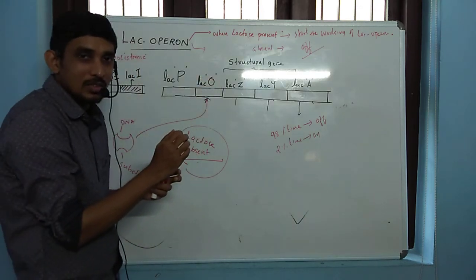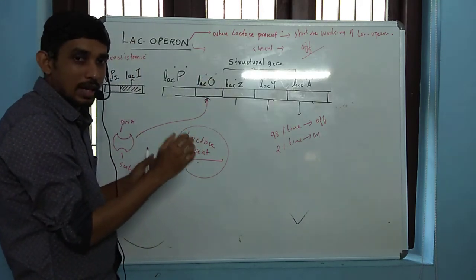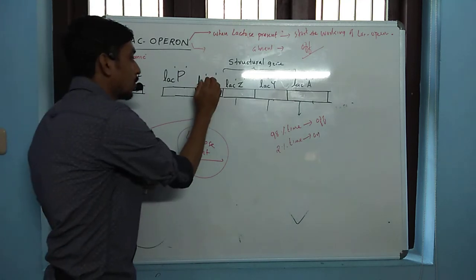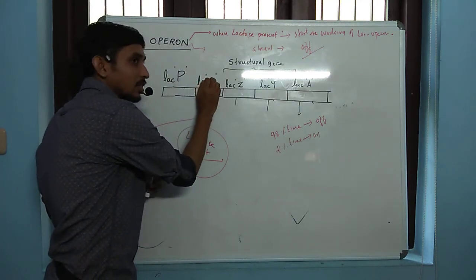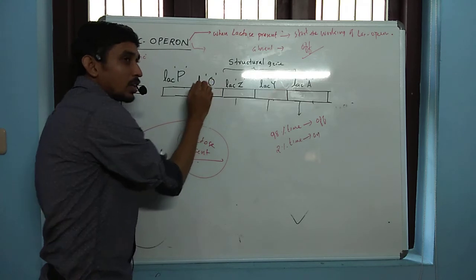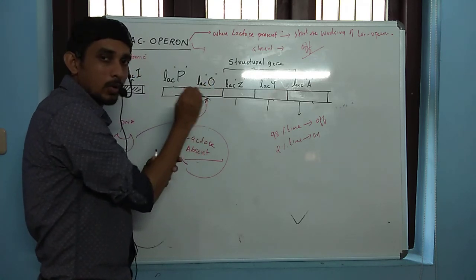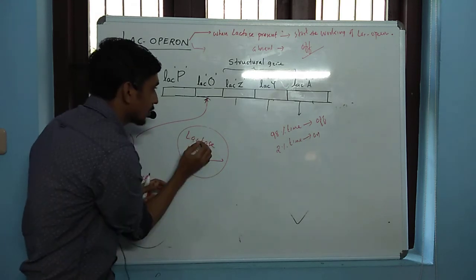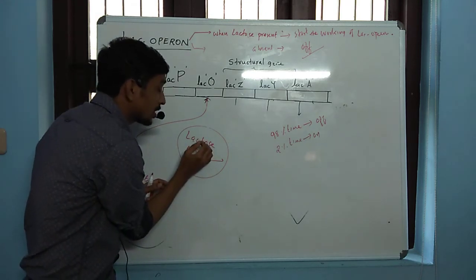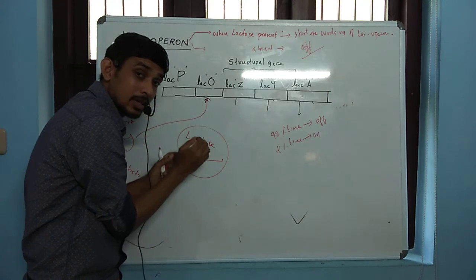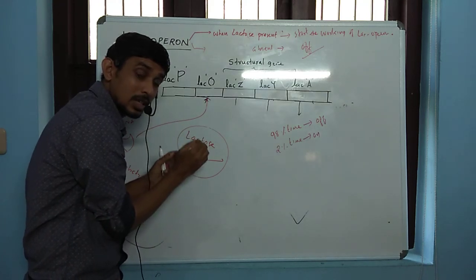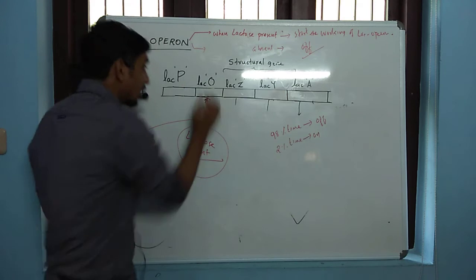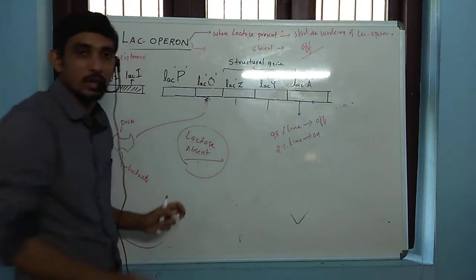So, I already told you that in the absence of lactose, the repressor is bound on the operator site, but this binding is not a stable binding. At some instant, it will detach from the operator. But this detachment never exists for a long time. This detachment exists for a short time. Again, it binds on the operator.